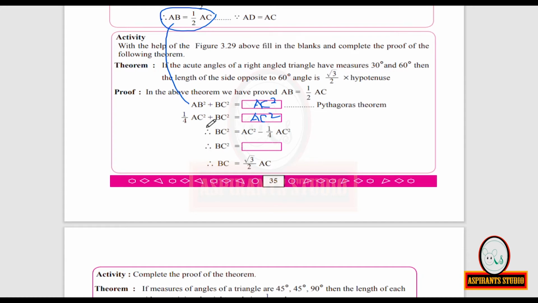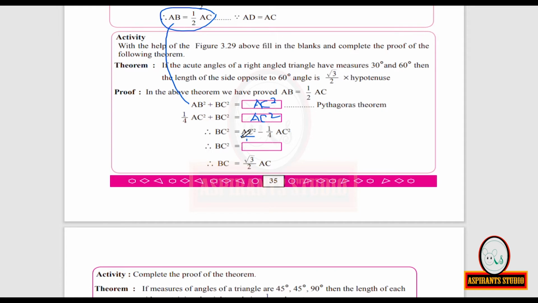Now AC square can be written as AC square upon 1, minus 1 upon 4 AC square. It is subtraction of fractions, so you have to make the denominators the same. The common denominator will be the LCM of 1 and 4, that is 4.